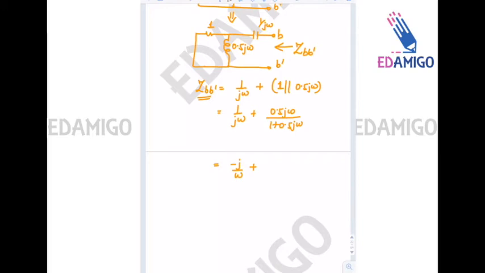and I will multiply and divide by 1 minus 0.5 j omega in this whole expression.